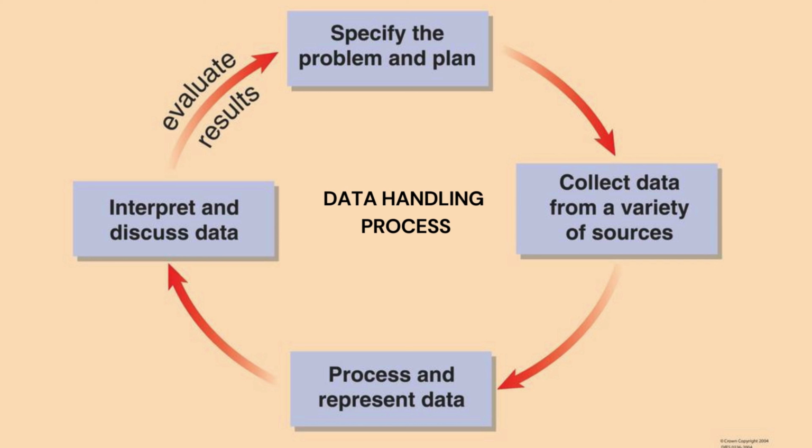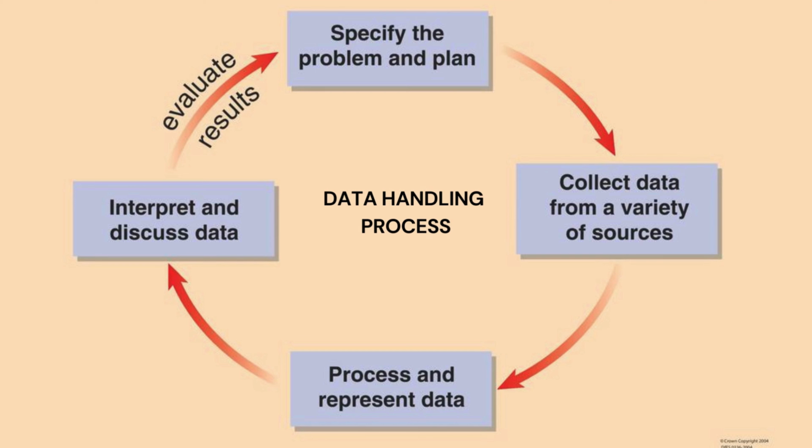Now, the third step in the data handling process is to process and represent your data. That is where you have your bar graphs, your pie charts, your line graphs, and all the other data representation formats that we have. So, this step is processing and representing your data.